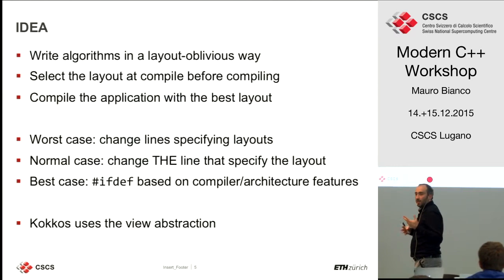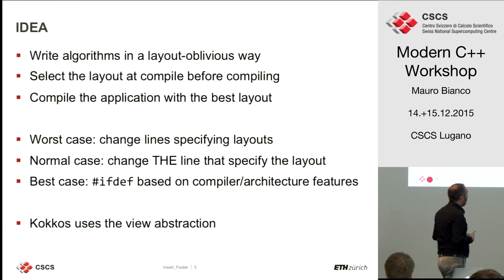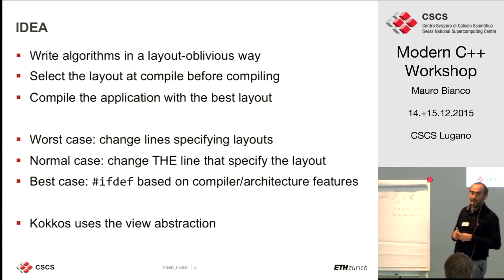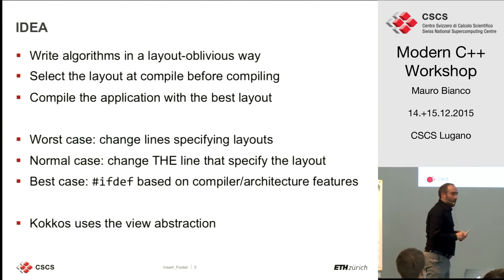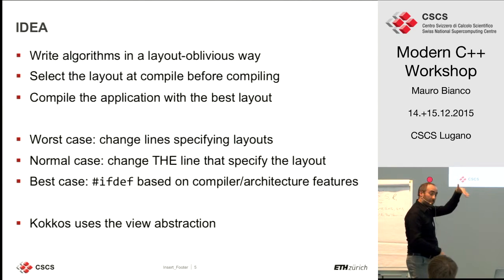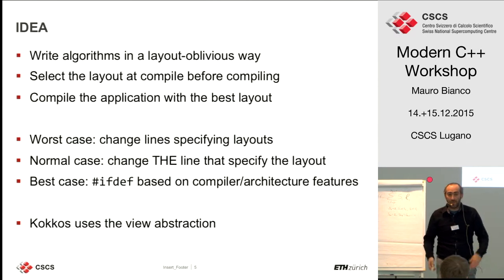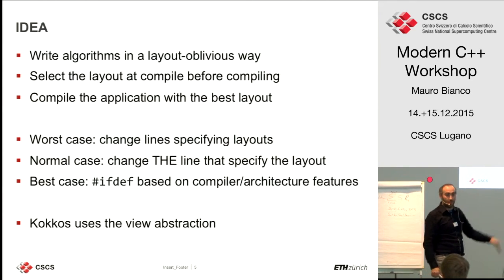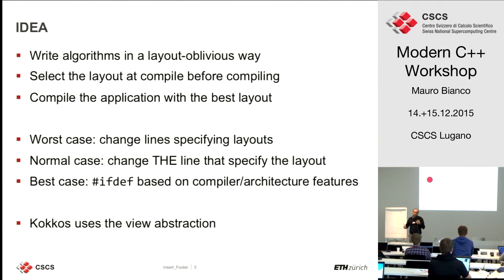You don't want to write the algorithm in a way that exposes the layout, or at least you might expose the layout at compile time, like specialize some functions. But you want to write these things at a high level. You want to specify the layout, but you don't want to see it afterward. So in the best case, you just change a single line of code, and everything will be remapped in your application. In other cases, you have a few lines specifying layouts, and you need to change all of them.